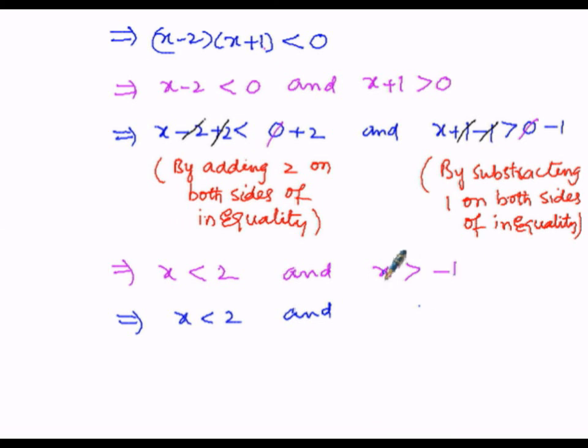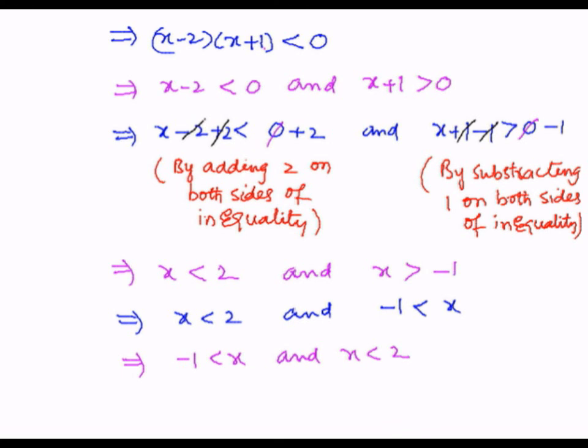So here we can write it as minus 1 is less than x. So minus 1 is less than x. So here that implies, I am going to write it as minus 1 less than x and x less than 2.